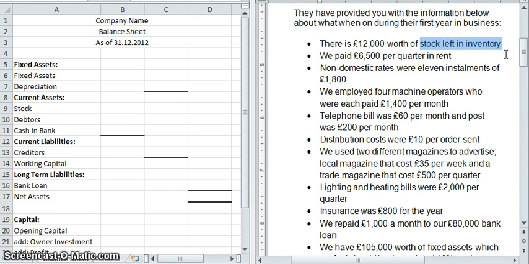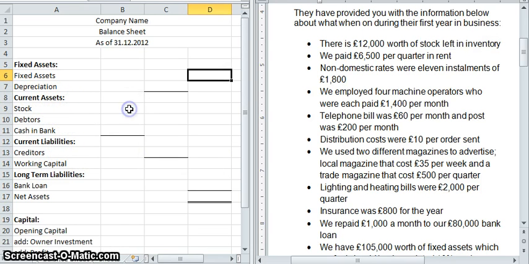This means these are physical items sitting in our business that are worth a certain amount of money. We own these items, so it's going to be an asset, and they're items that we should be able to sell in less than a year, being inventory, and so they are something that is going to go under current assets. Stock is 12,000.